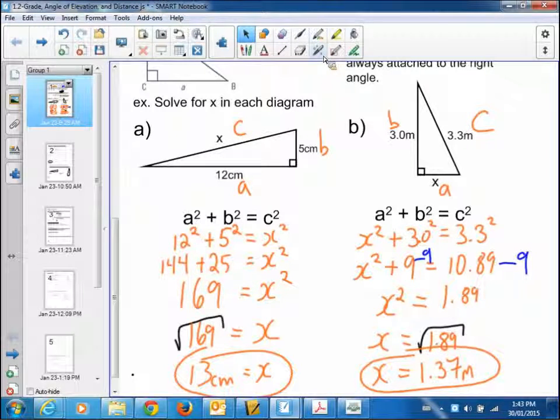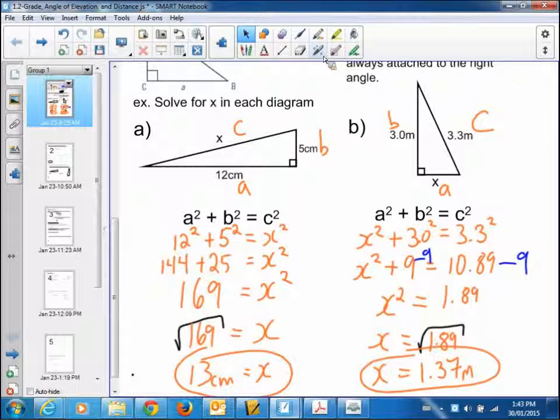Now, did you hear what I meant by see how this x squared isn't alone? It's added to 9. Squeeze in subtract 9, and this gets x squared all by itself. This makes some sense if you've done it before.